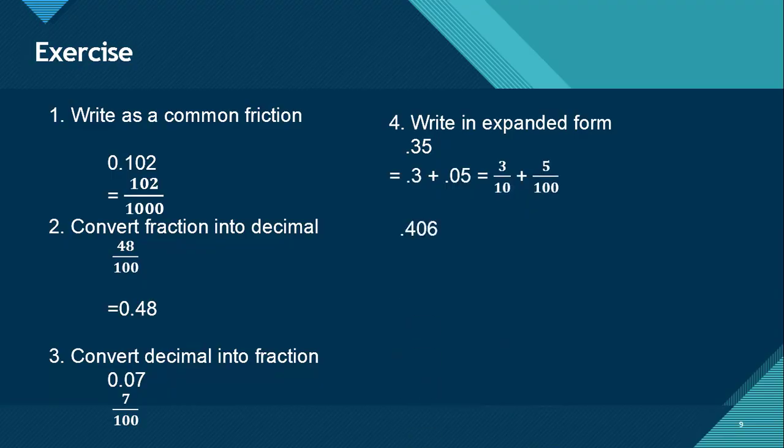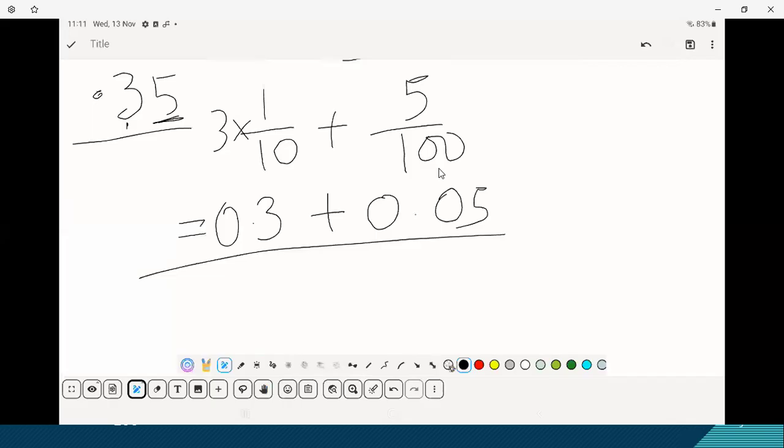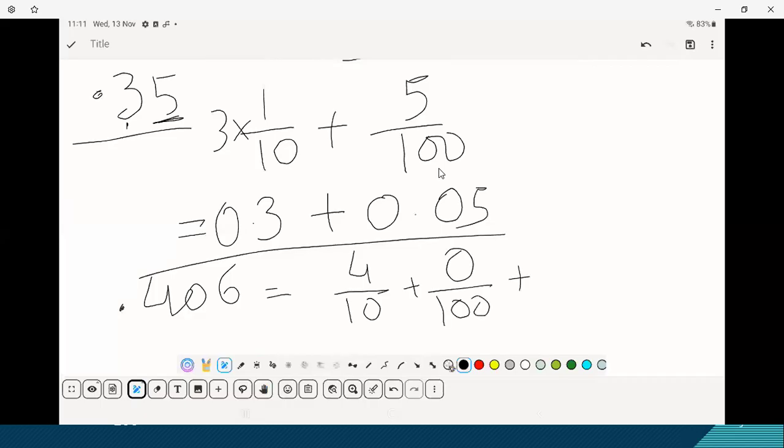The next example is 0.406. How will you do that? Simply, 0.406 will be 4 by 10 plus 0 by 100, because it is in the position of hundredths. The 4 is in the position of tenths, and then 6 by thousandths.